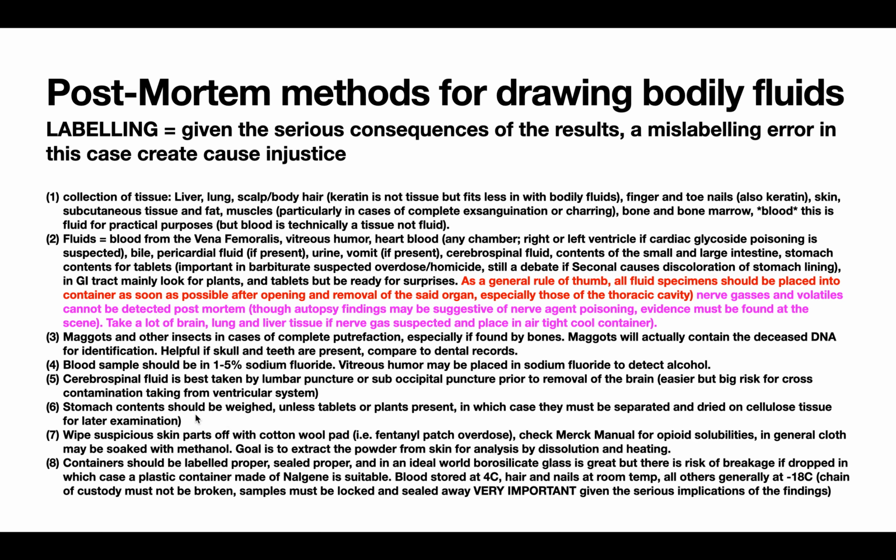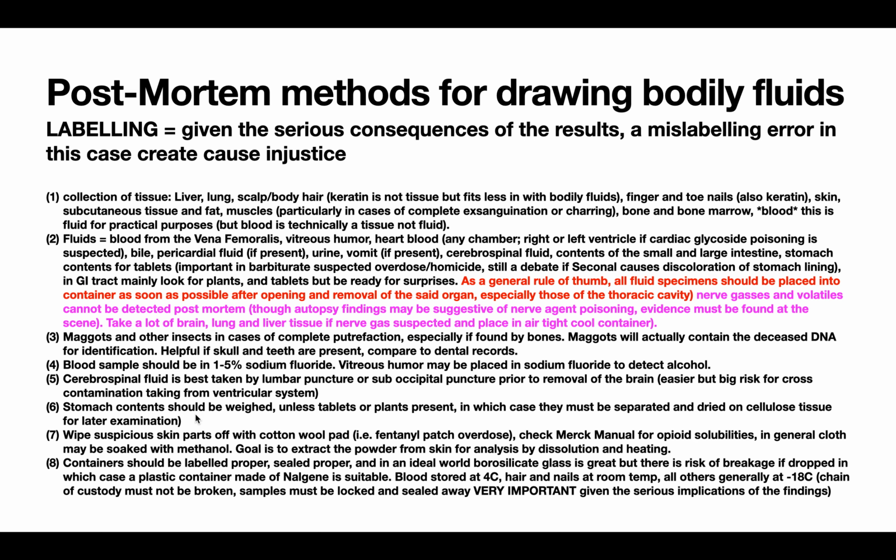So back to the fentanyl. Wipe suspicious skin parts off with a cotton wool pad. Check the Merck manual always for opioid solubilities. But when we're talking about fentanyl, you can generally soak it with methanol.